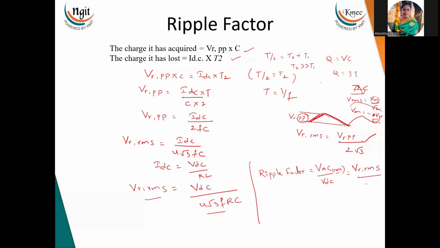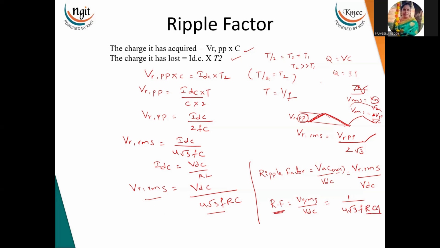So ripple factor is VR RMS divided by VDC, which gives 1 divided by 4√3 FRC.